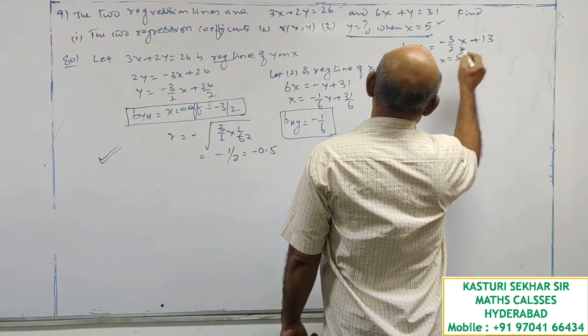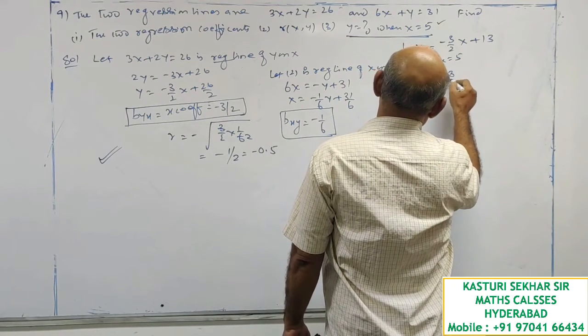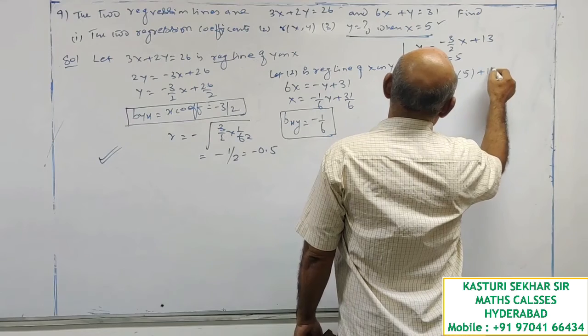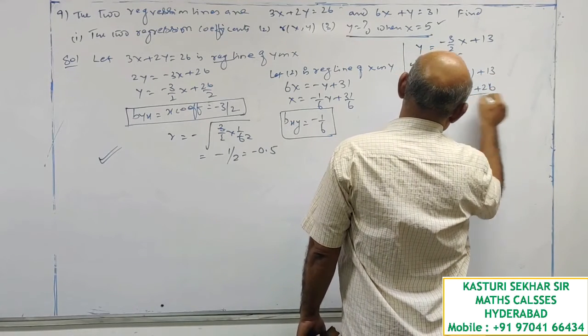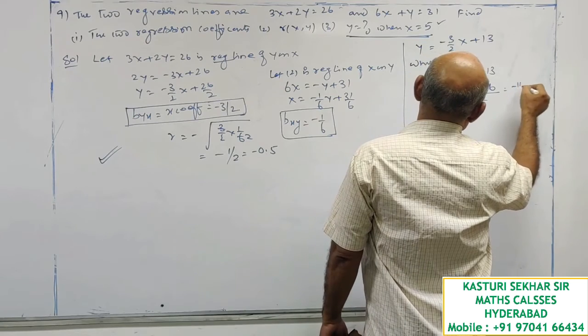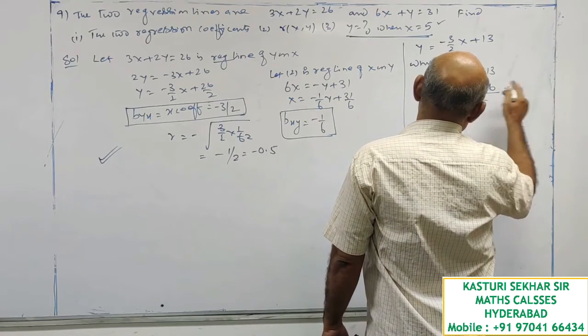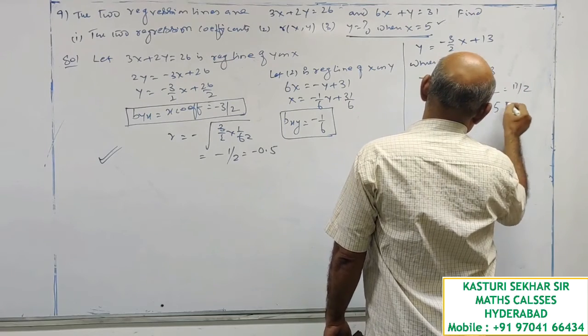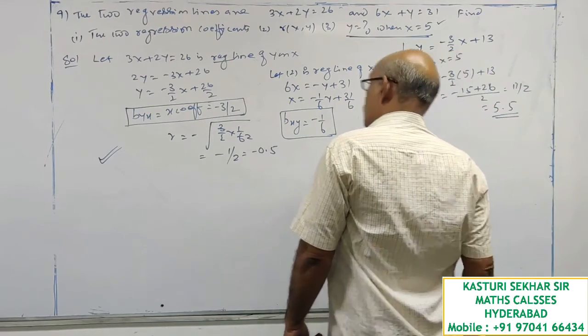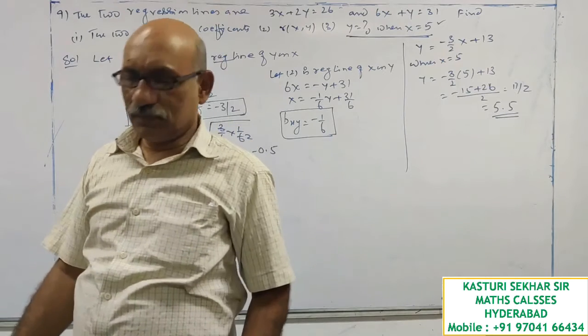When x is equal to 5, y is equal to minus 3 by 2 into 5 plus 13. This is 11 divided by 2, 5.5. This is the y value, 5.5.